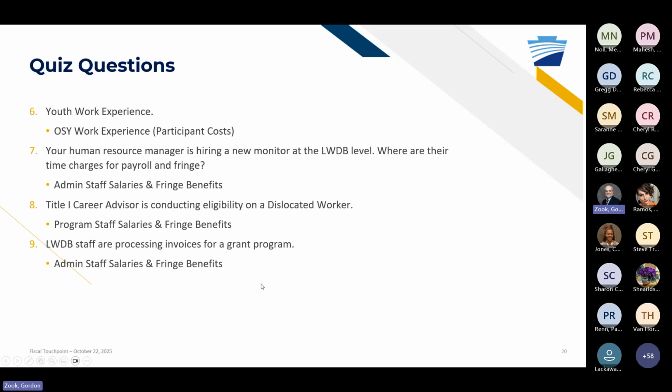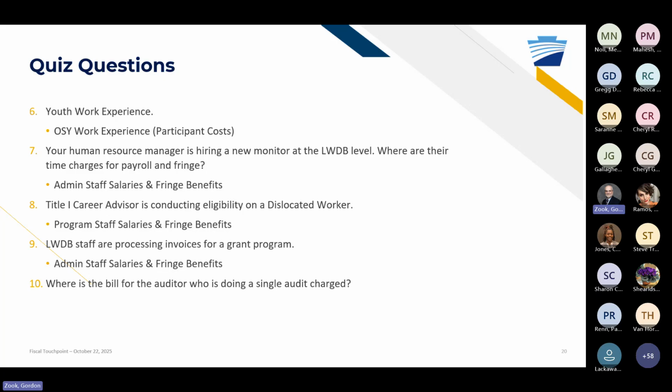Okay. And what these last three questions exhibit is the fact that the same person doing different tasks can fall either in administrative or program staff. So you have to make that determination on the basis of what exactly they are doing.